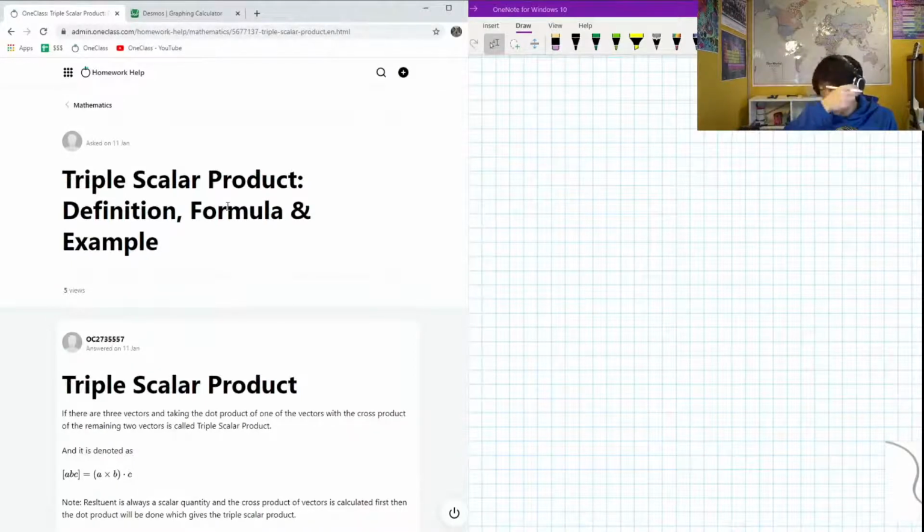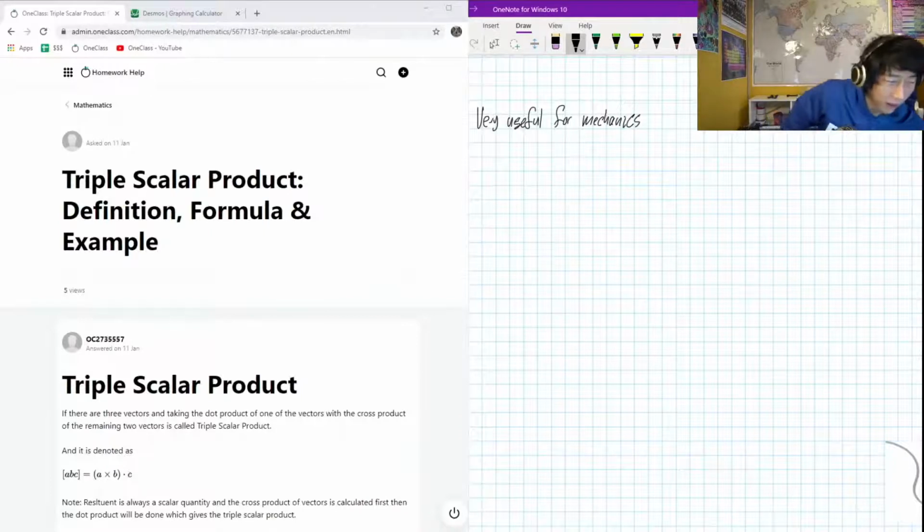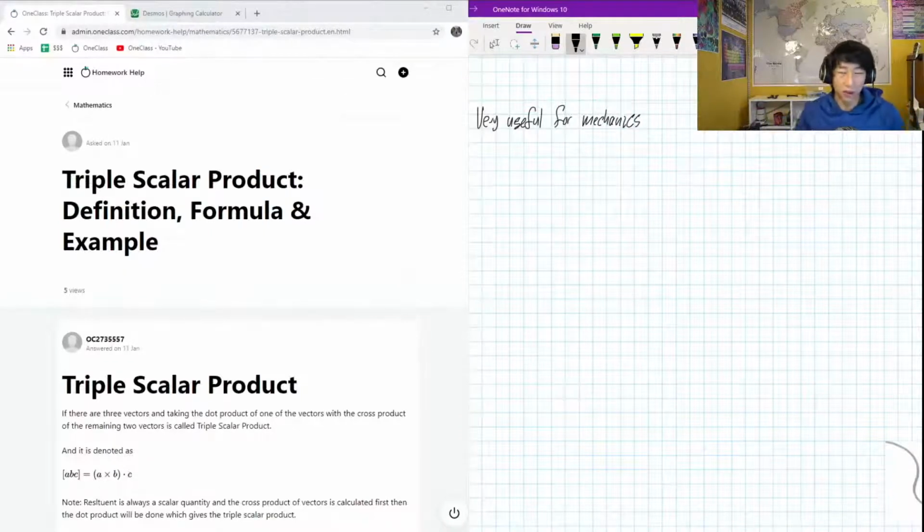So this is very useful for mechanics and physics. Off the top of my head, I'm not really certain of any other situations where this might be useful. Maybe in pure mathematics as an exercise.